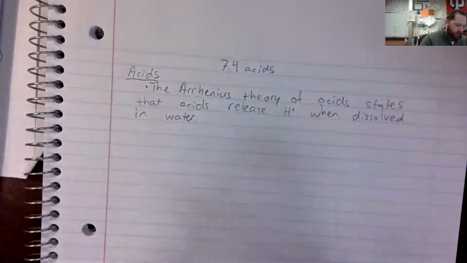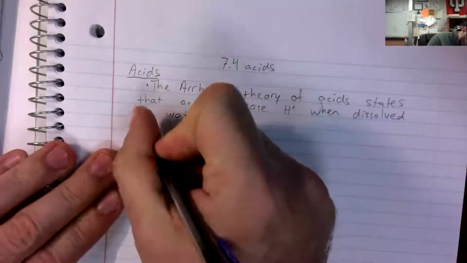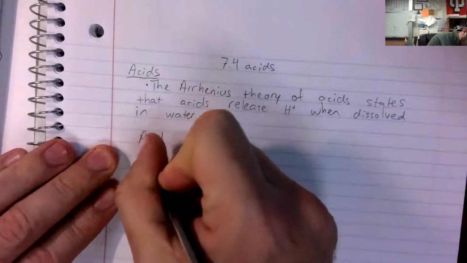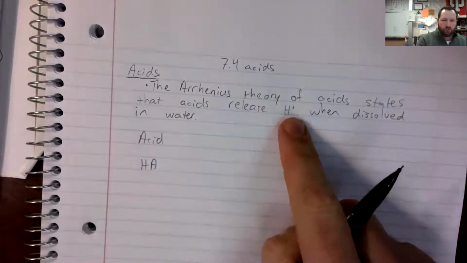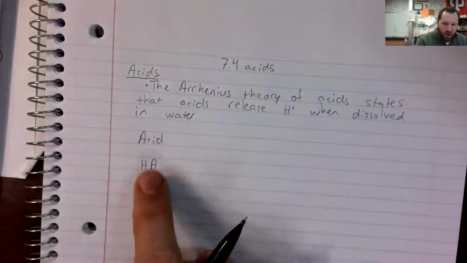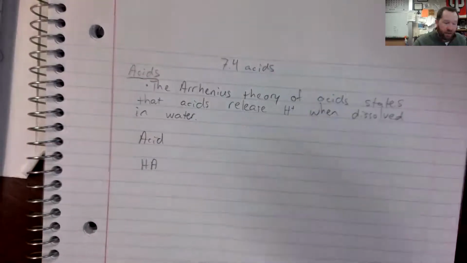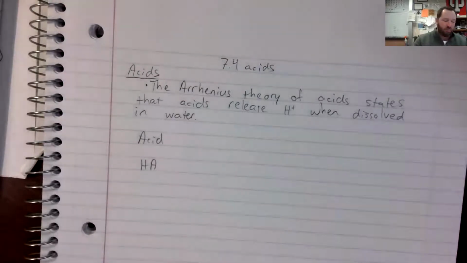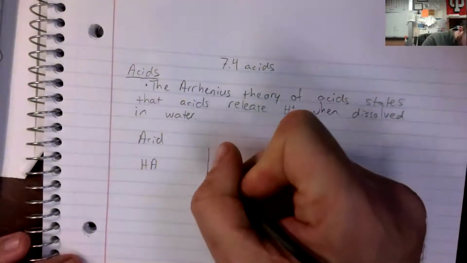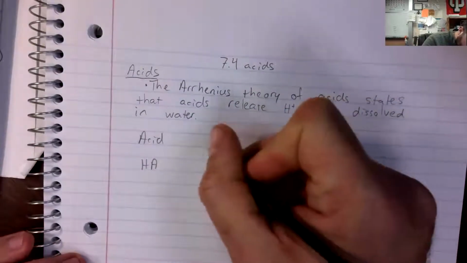Let me draw a little diagram here to visualize this. Here is an acid, HA. So if you're going to release H plus, you have to start with H. We're going to use A, kind of like the variable X in math. A is a variable for us, and it can represent any anion that we have, and we have quite a few of them.